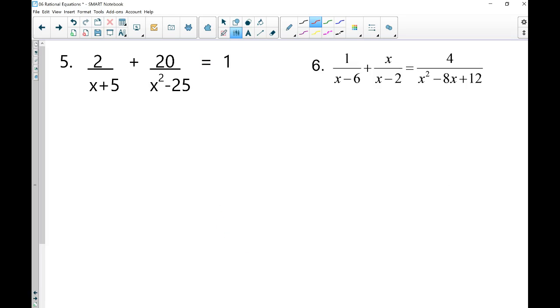Let's do example 6. It's a little bit more complicated. And what we're going to do is find the factor first so we can find the LCD.